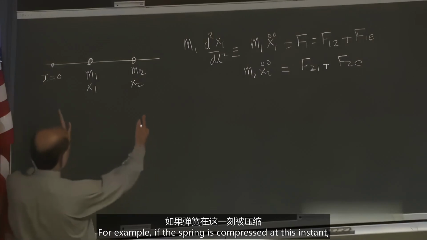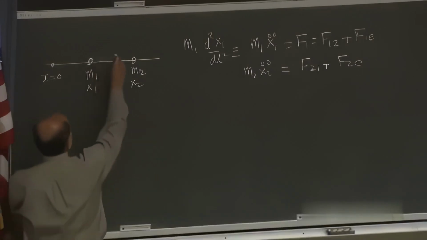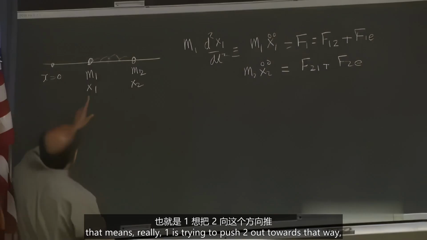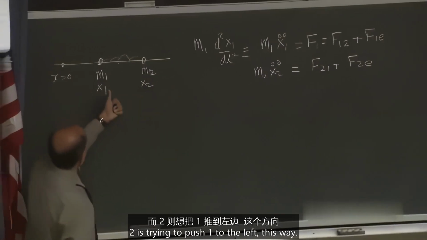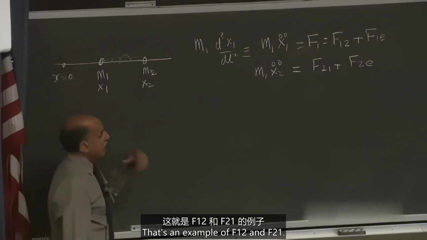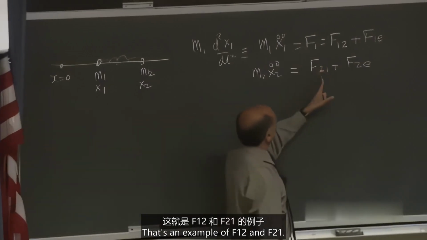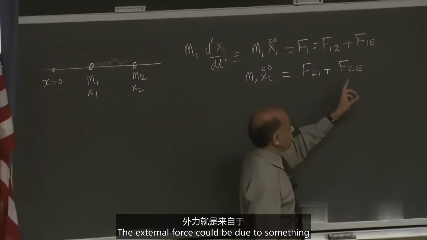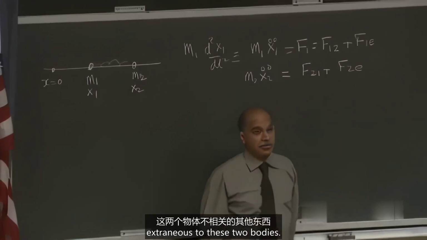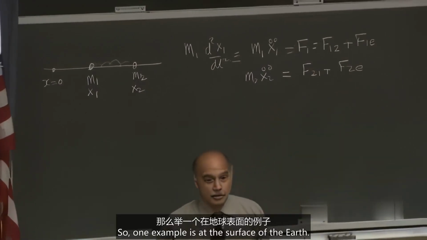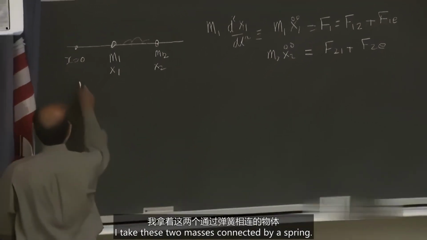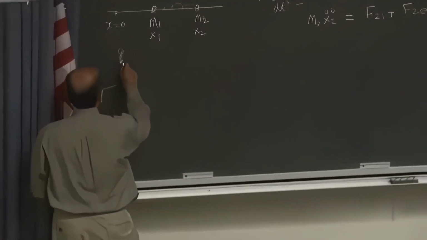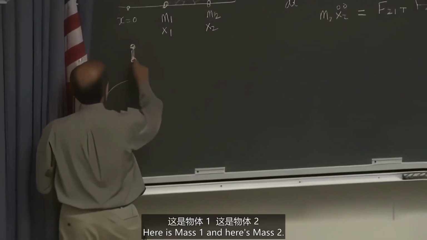For example, if the spring is compressed at this instant, it's trying to push them out. That means really 1 is trying to push 2 outwards that way, 2 is trying to push 1 to the left this way. That's an example of F12 and F21. The external force could be due to something extraneous to these 2 bodies. So one example is at the surface of the Earth, I take these 2 masses connected by a spring. Here is mass 1 and here's mass 2.